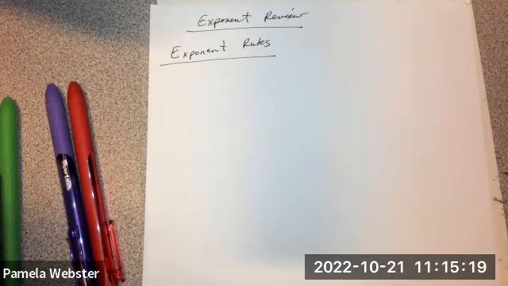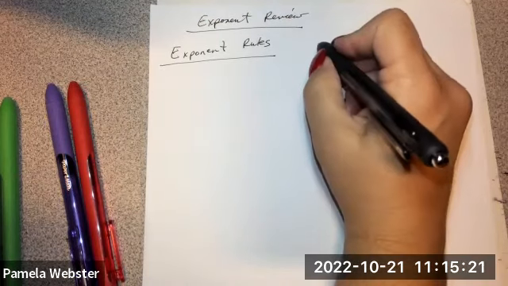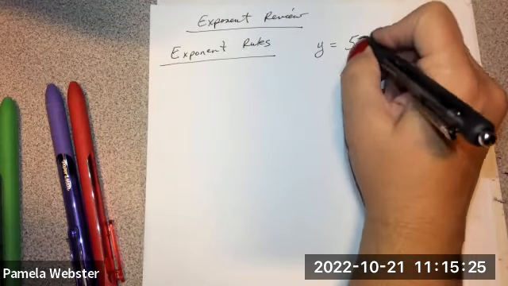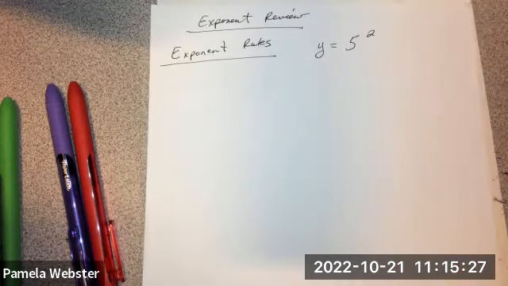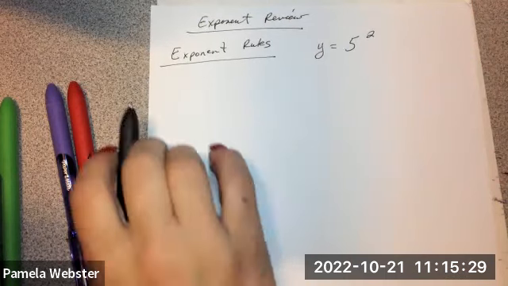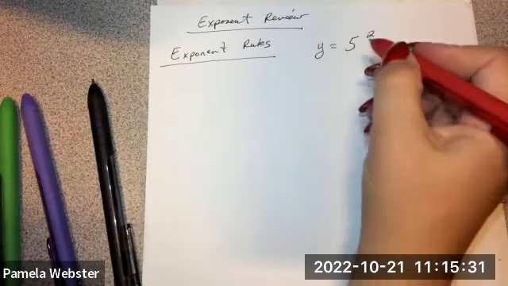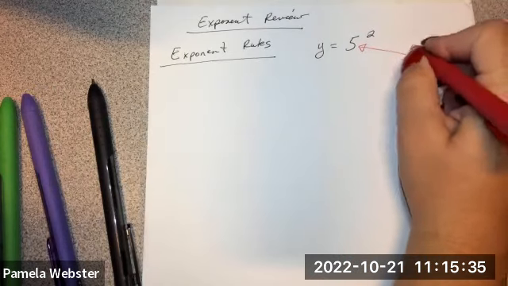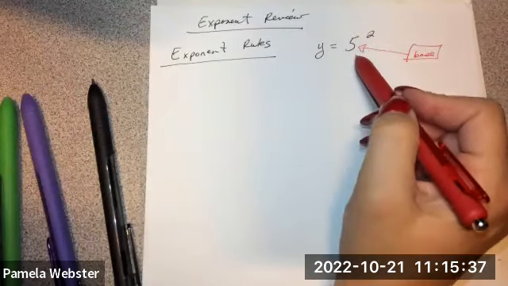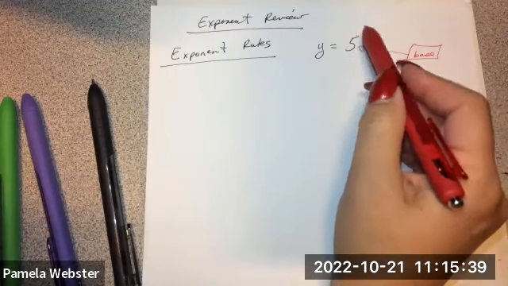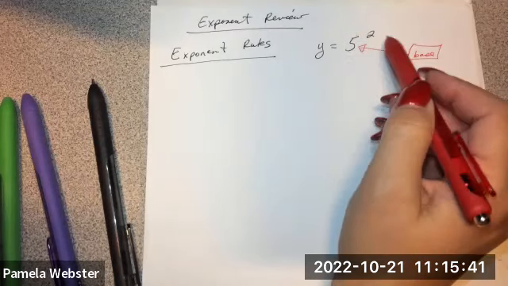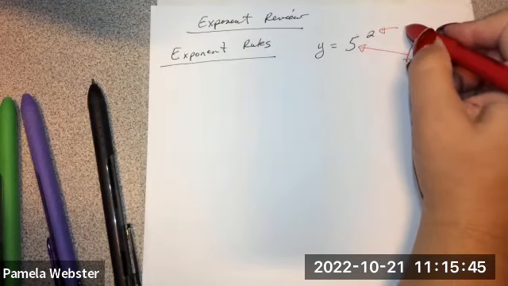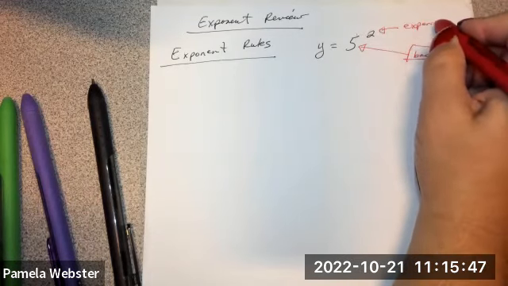So first of all, let me talk about what an exponent looks like. If you had something like y equals 5 squared, we clearly know that that has exponents in it. This guy down here, the 5, is called the base, and it's written in regular font, so it's a big font compared to the exponent up here, which is written in a smaller font.